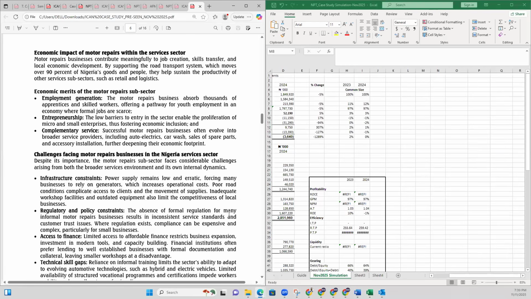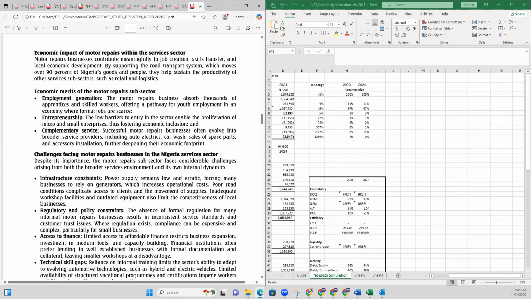Economic merit of the motor repairs subsector. Employment generation. The motor repairs business absorbed thousands of apprentices and skilled workers, offering a pathway for youth employment in an economy where formal jobs are scarce. Entrepreneurship.